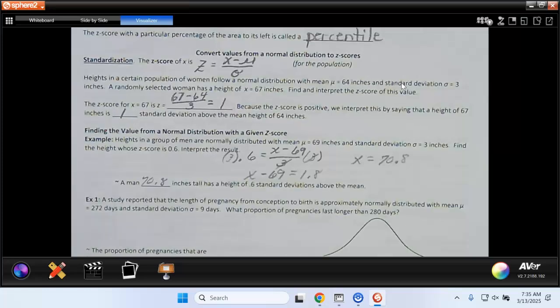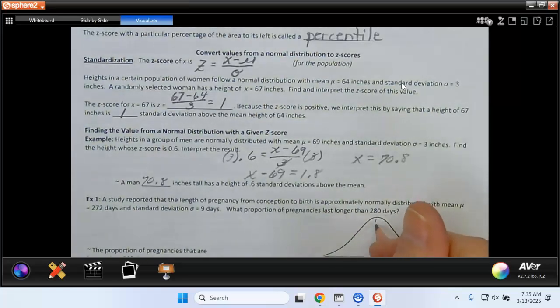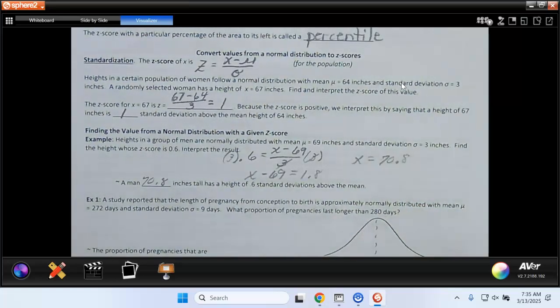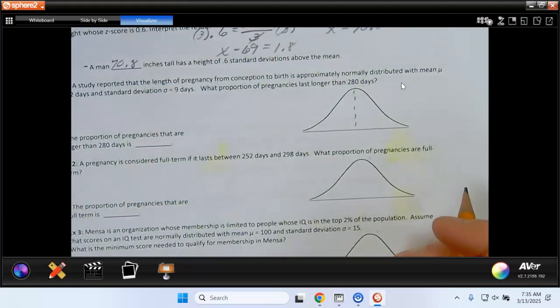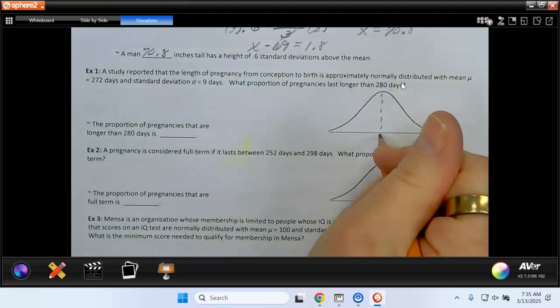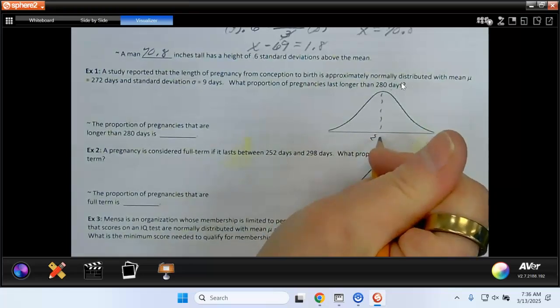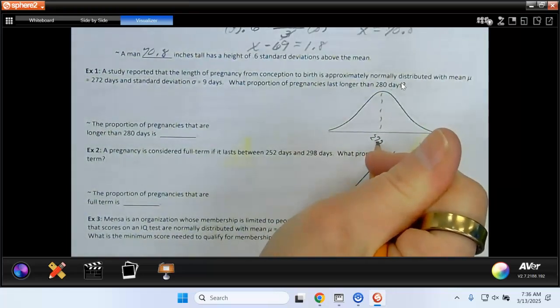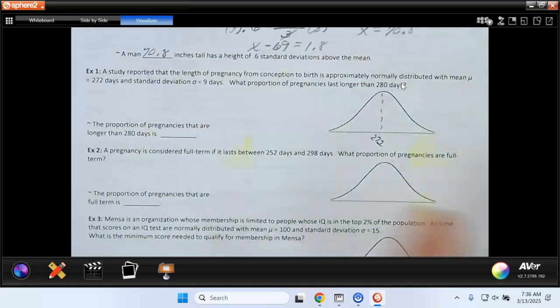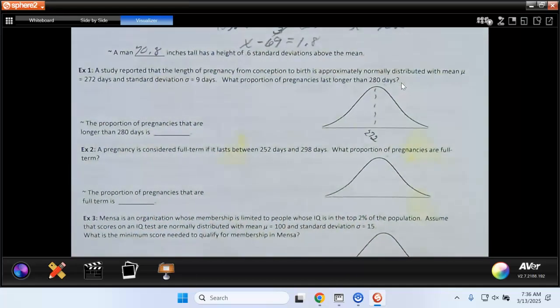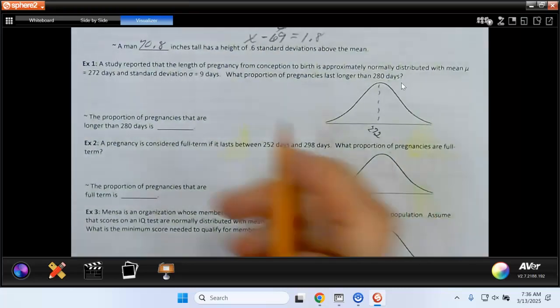A study reported that the length of pregnancy from conception to birth is approximately normally distributed with a mean of 272 days and a standard deviation of 9 days. If you're looking at your bell curve, the mean is at 272. When you're doing these types of problems, you need to state it as a probability.